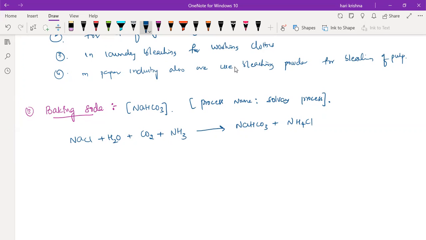Okay. Then what is the difference between the baking soda and baking powder? What is the difference? Both are same. Sir, for making baking powder, we have to use baking soda, and in that we have to mix edible acid.